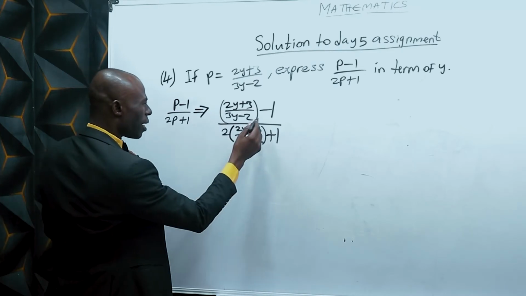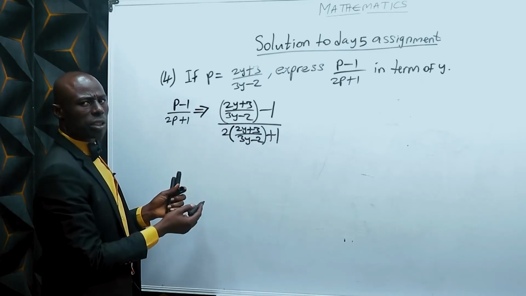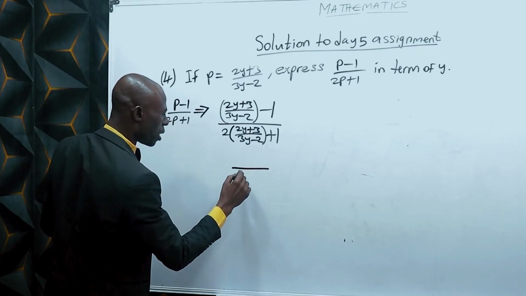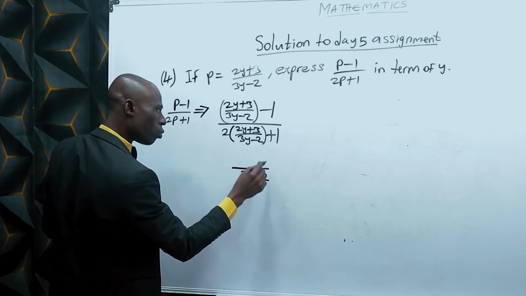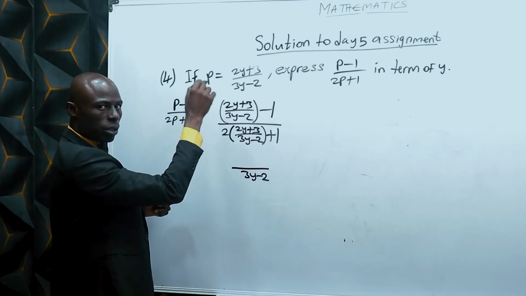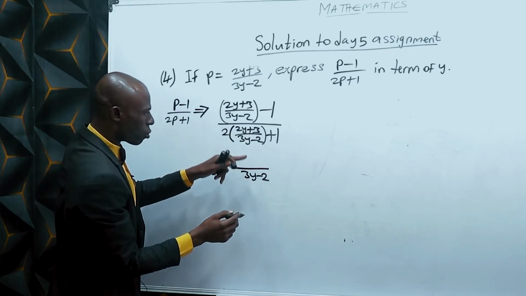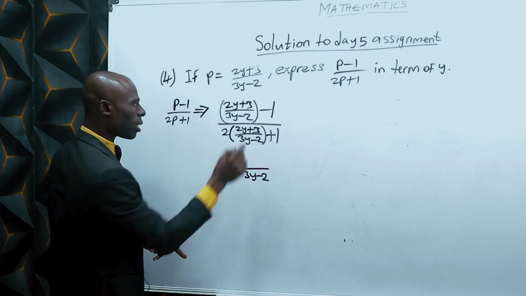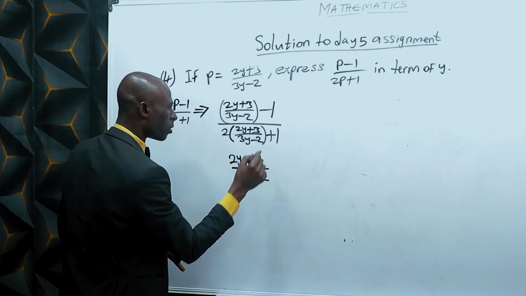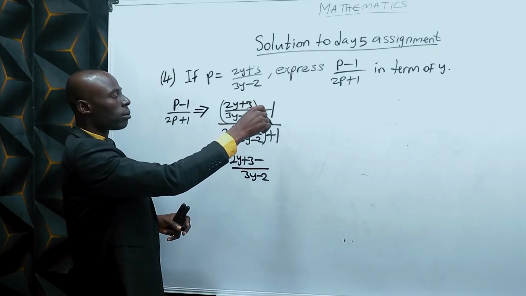So, find the LCM of the fraction in the numerator. The LCM there is 3y minus 2. Don't forget, we are dealing with the fraction at the numerator part. So the LCM is 3y minus 2. 3y minus 2 in 3y minus 2 gives 1. 1 times 2y plus 3 gives us 2y plus 3 minus. Look at this 1. It has its own denominator, which is 1.